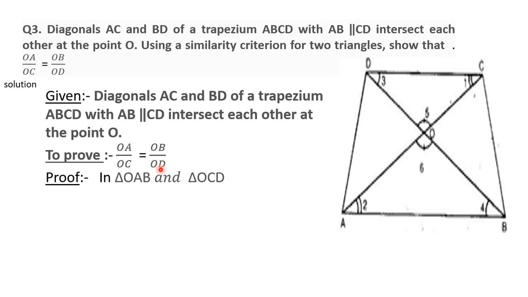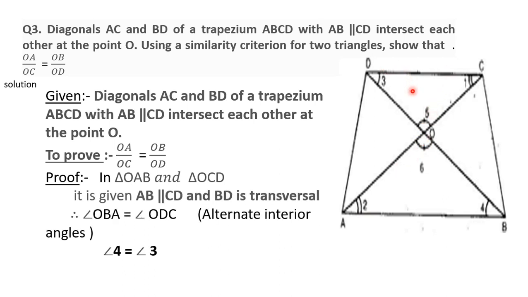So let's start. We take triangle AOB and triangle COD, or we can name them triangle OAB and triangle OCD. Now in these two triangles, as given, AB is parallel to side CD and BD is a transversal, so the alternate interior angles are equal.